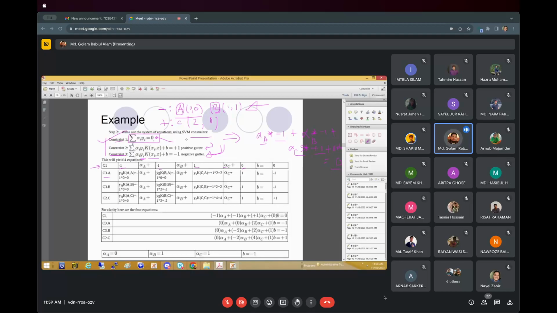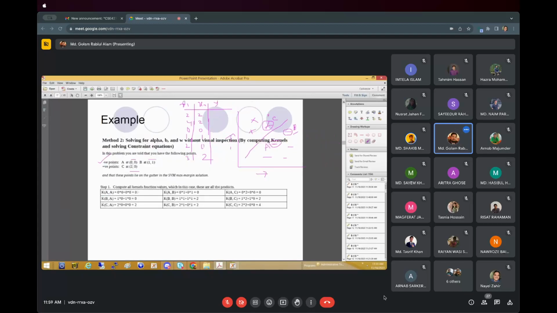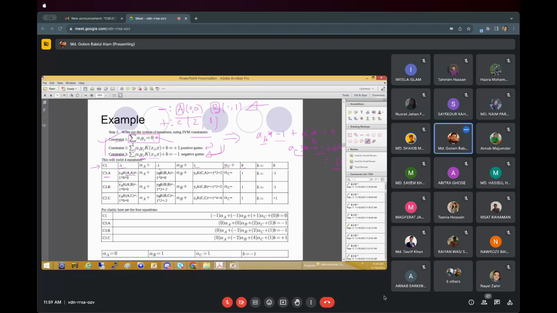Considering the a first, it will be the class label of a, ya, times k of a, and then it will be the negative 1 times k of a. We have already determined the values of k of a, and k of a is 0. So we can put that here, times the alpha a. If we rewrite this equation in this form, we will get the same thing.